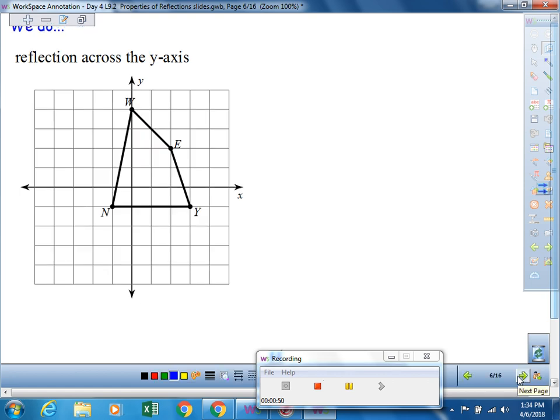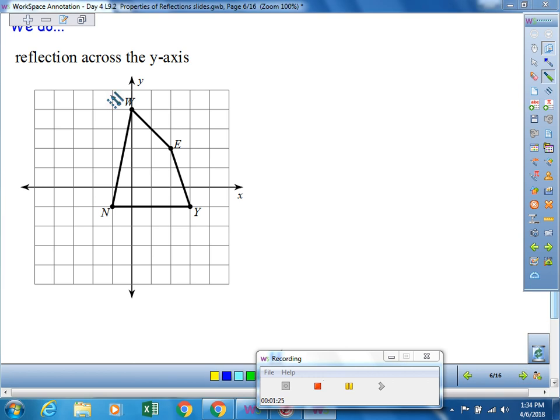All right, you have this one on your note sheet. At the top of this graph, can you write reflection across the y-axis? All right, so we're going to reflect this across the y.